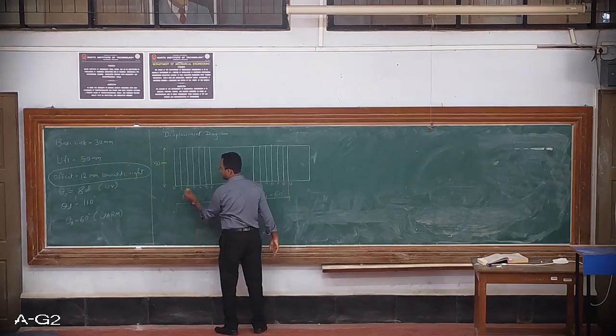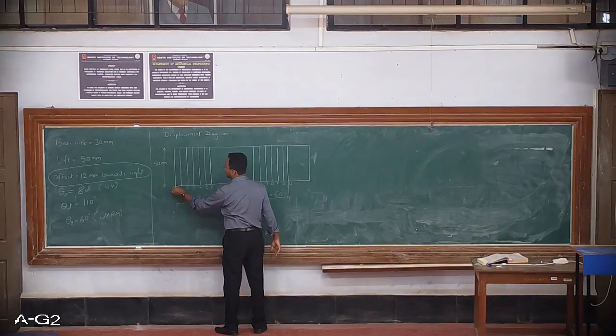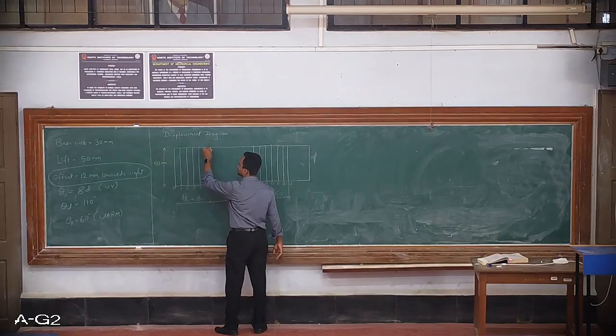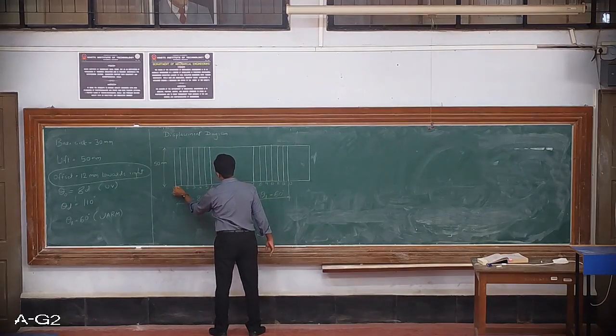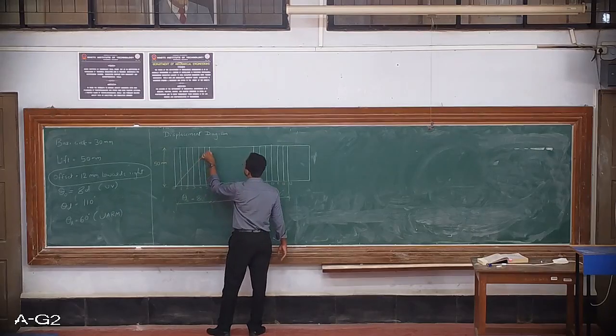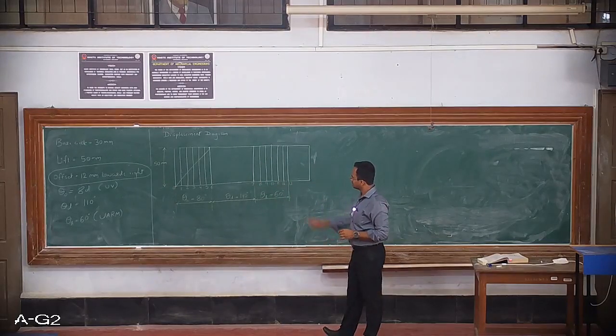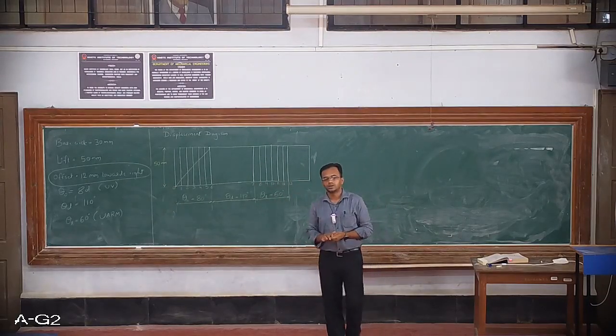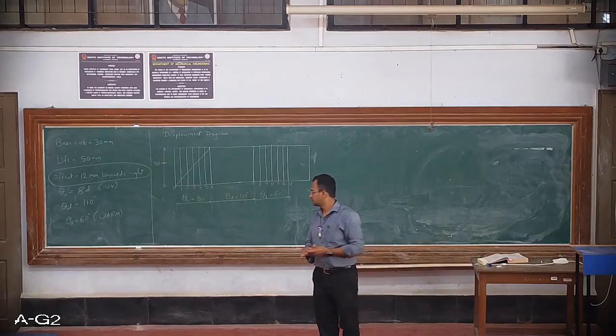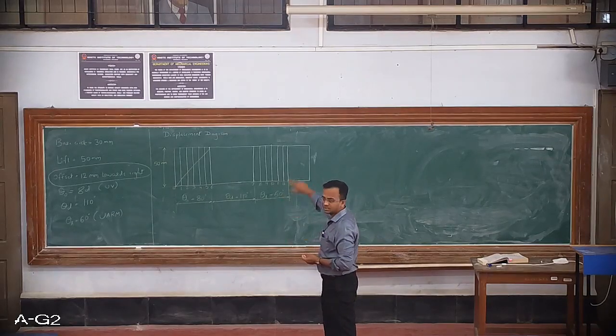So in this case, this becomes our starting point, this becomes our ending point. So I'll have to just draw a straight line in this fashion, start to end. Okay, this is the curve of the follower displacement with uniform velocity, that is during the rise stroke.